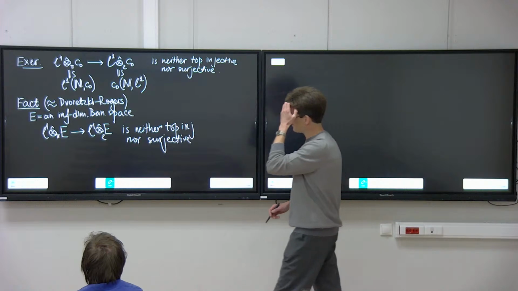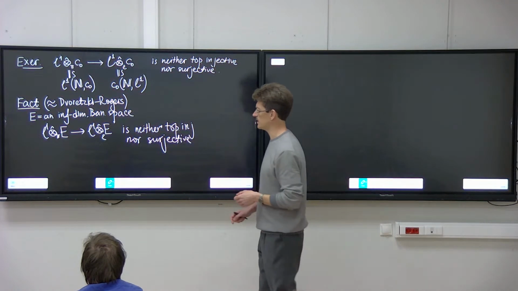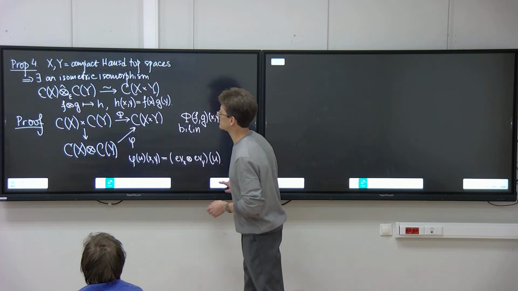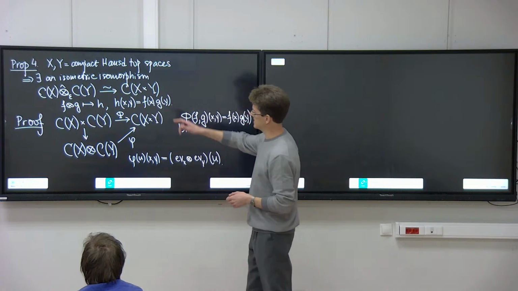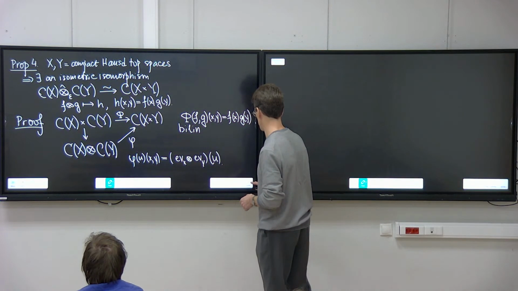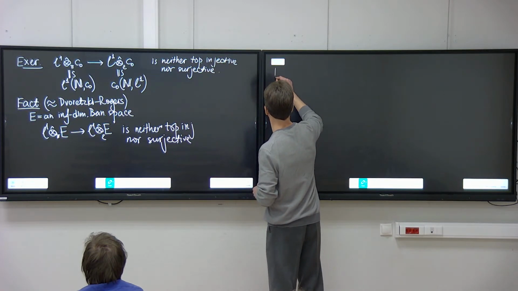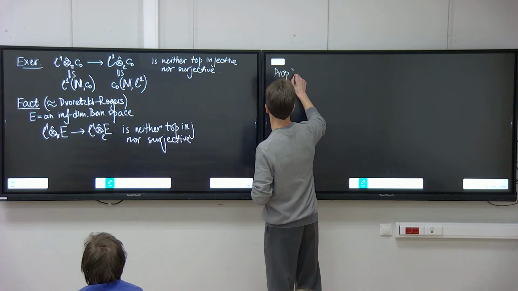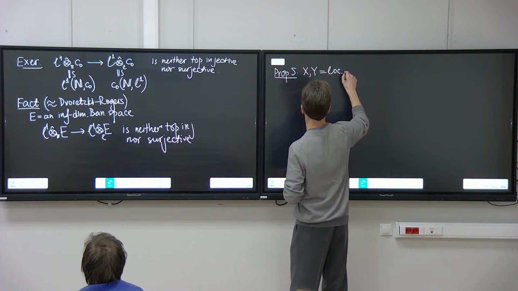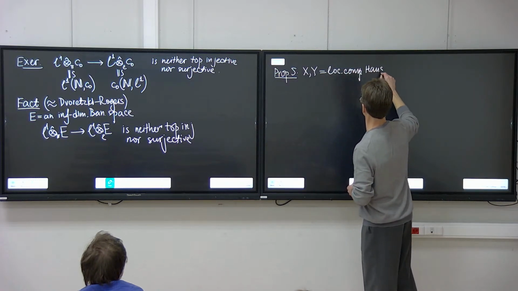Okay, another useful generalization of proposition 4. Was it proposition 4? So we can extend proposition 4 to locally compact spaces as follows. Proposition 5. Suppose that X and Y are locally compact Hausdorff topological spaces.